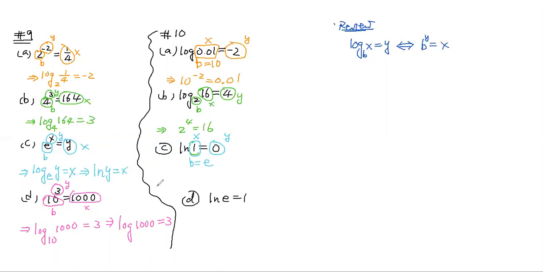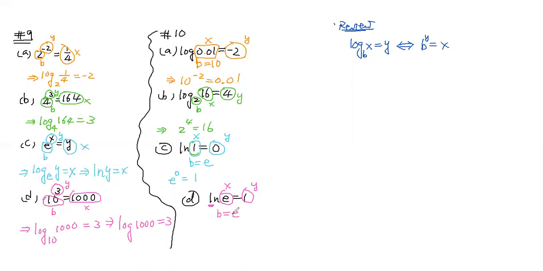So now let's put it into the forms here. So e to the 0 equals 1, right? Okay, the last one here is the same way. Natural log of e, so this is my x, this is my y. For natural log, what is the base?